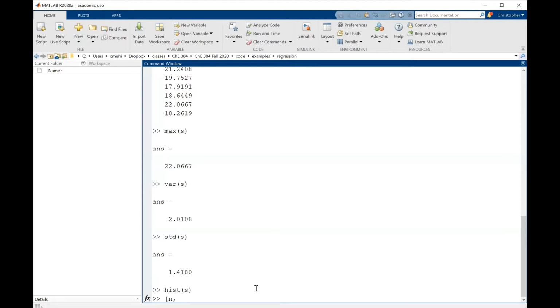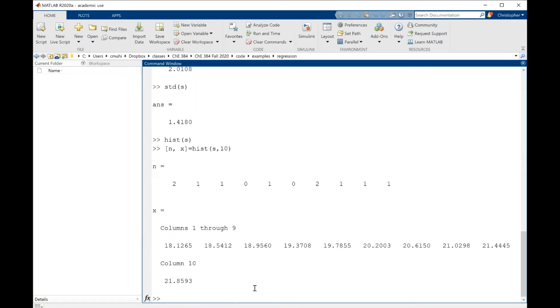So n will fall in the center of some number of bins, [n, x] = hist(x, where we could put in, say, 10 bins. We can put in 10 bins here. In this case, we see that the center of each bin is at these values stored in x, and how many data points are in each bin is stored in n.